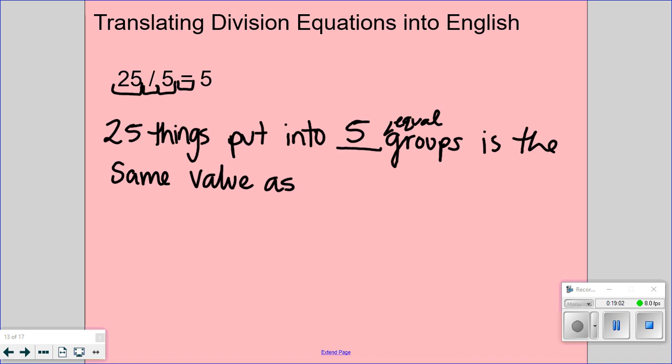What does that last symbol mean? Go for it. What does that last symbol mean, Huxley? 5. 5 what?